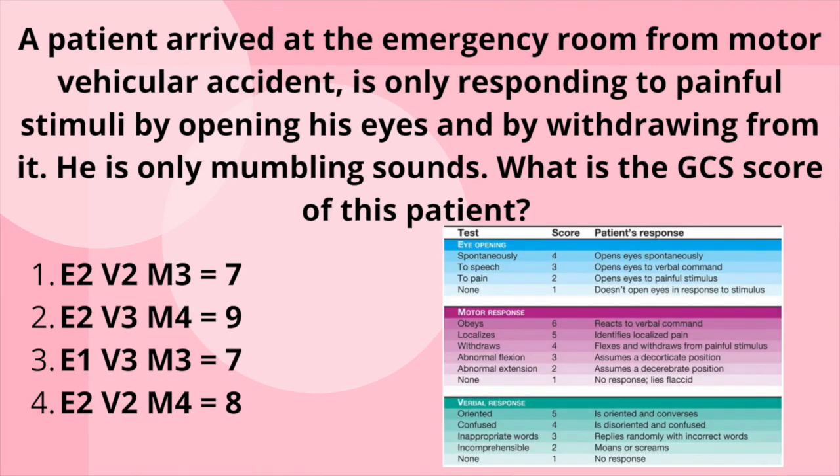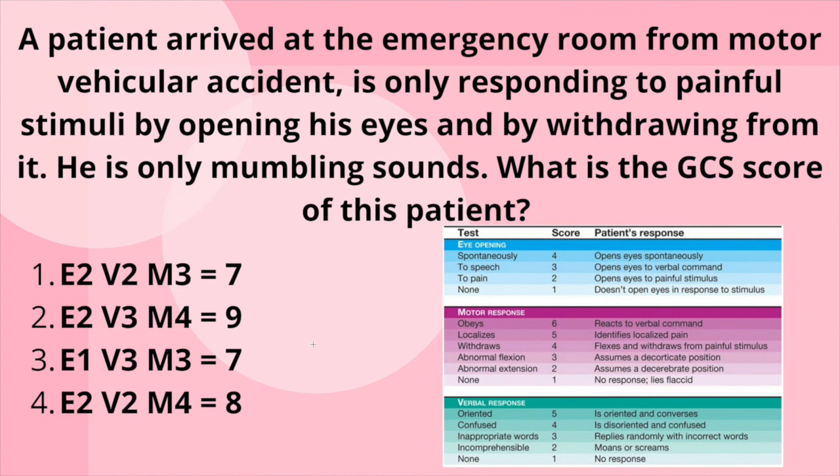So let's go back to the chart of the GCS. So eye opening, it says in the question, only responding to painful stimuli by opening his eyes. So that's 2. So eye opening is 2. So we remove already number 3 because E2 is the answer. Then for the motor response, by withdrawing from it, it means withdrawing from painful stimulus. So that would be 4.